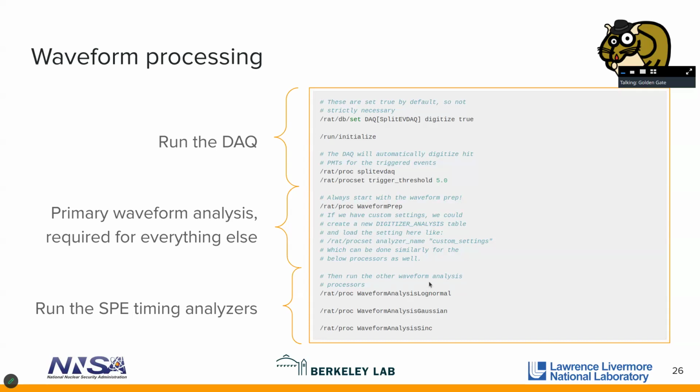So this includes waveform analysis log normal, which fits a log normal distribution to the PMT pulses, waveform analysis Gaussian, which fits a Gaussian distribution to the PMT pulses, and waveform analysis sync, which does a more precise interpolation between the samples in order to extract hit times.